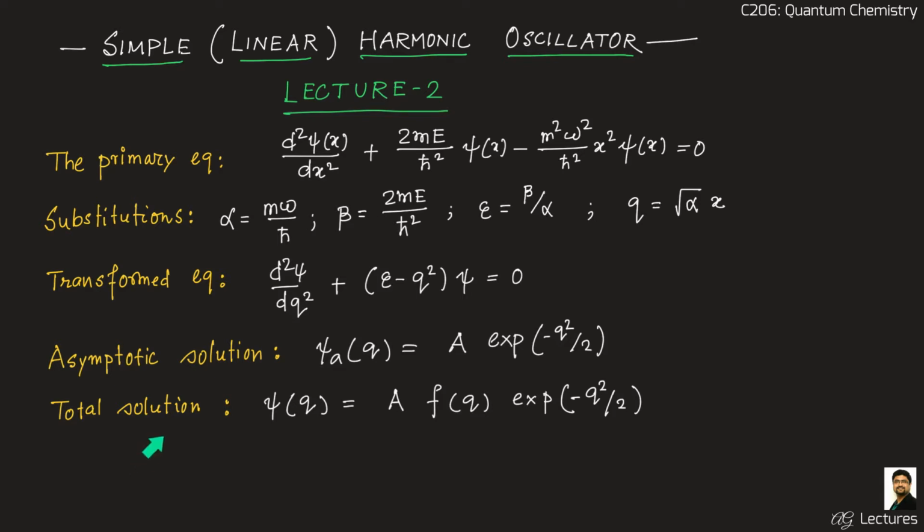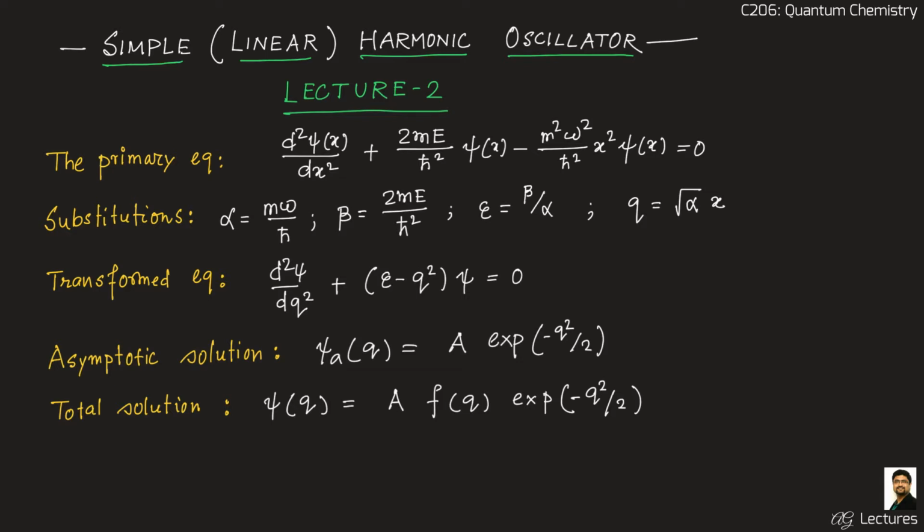As the next step, we tried to find the total solution, which is the psi of q. We retain the asymptotic part, but then we inserted a function of q, the f, and that particular function will determine how the solution will behave when q is not so large.